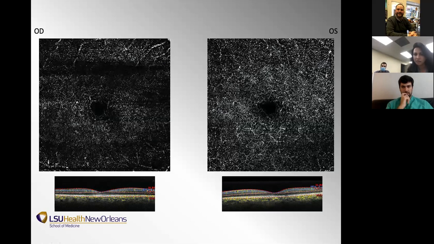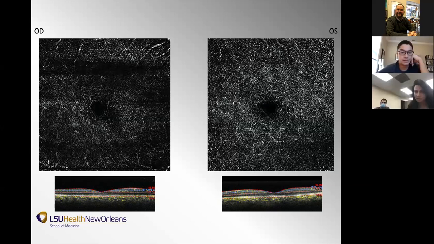Third year resident, maybe over here. Any third year resident. What type of pictures are these? This is OCT angiography. Good. Right and left eye respectively. So I'm going to tell you that we're looking at the deep retinal capillary plexus over here. Deep capillary plexus.